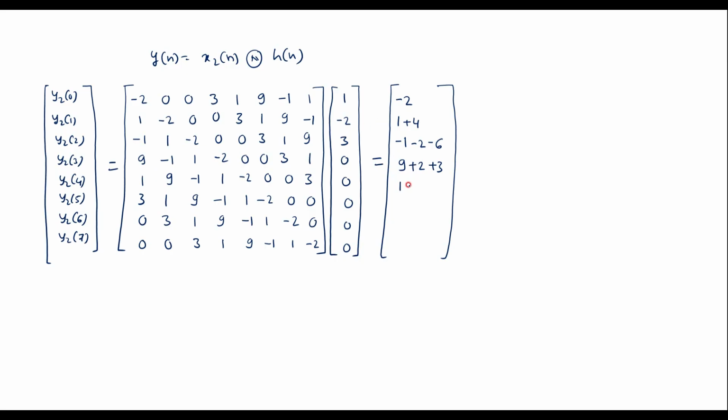9 into minus 2 is minus 18. Minus 1 into 3 is minus 3. 3 into 1 is 3. 1 into minus 2, minus 2. 9 into 3 is plus 27. Then 0 into 1 is 0, 3 into minus 2 is minus 6, 1 into 3 is plus 3, then 0 into 1 is 0, 0 into minus 2 is 0, 3 into 3 is 9.